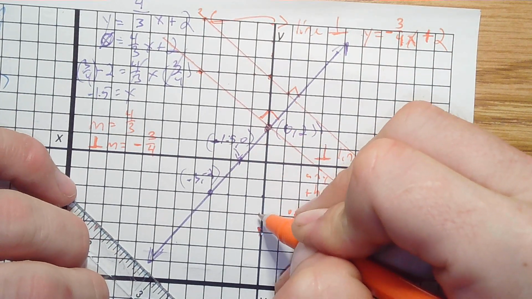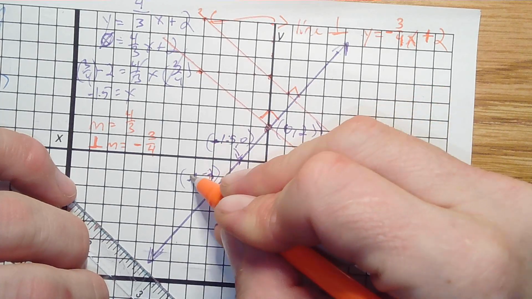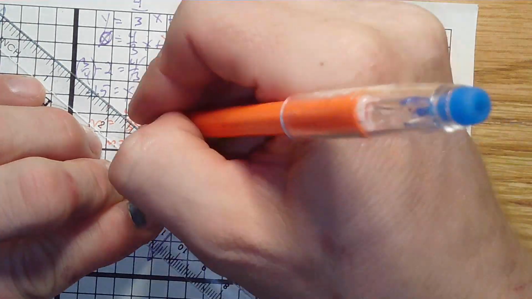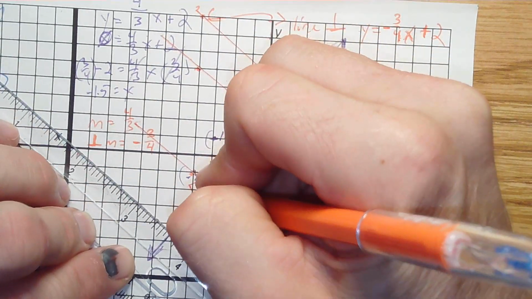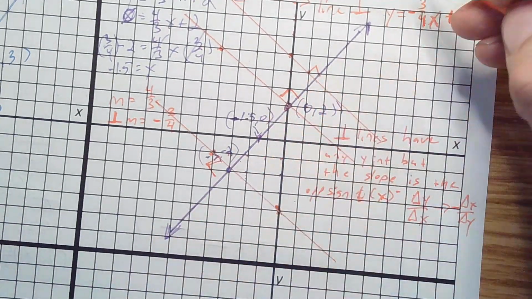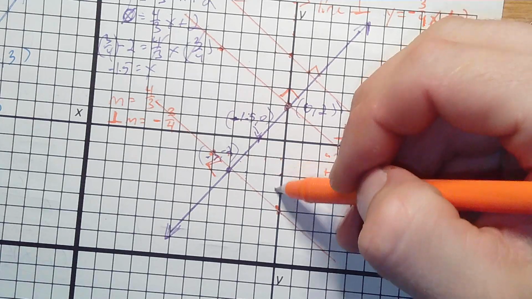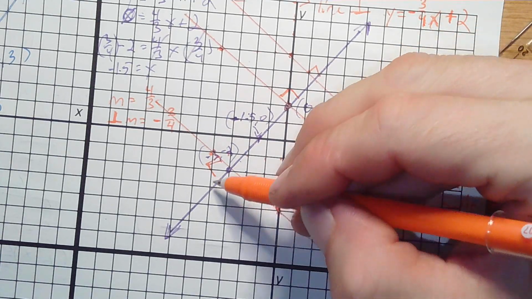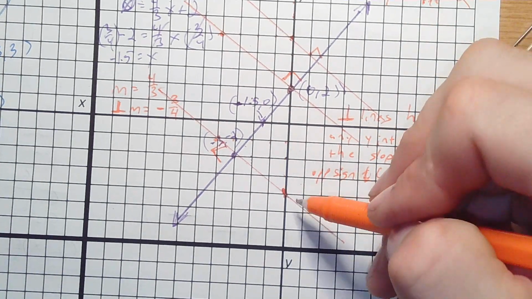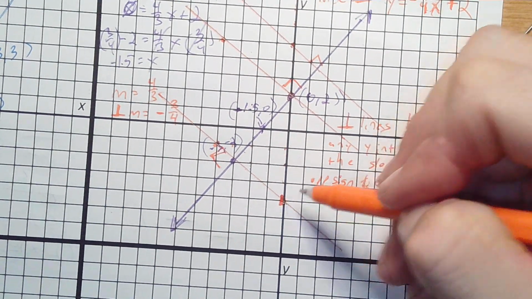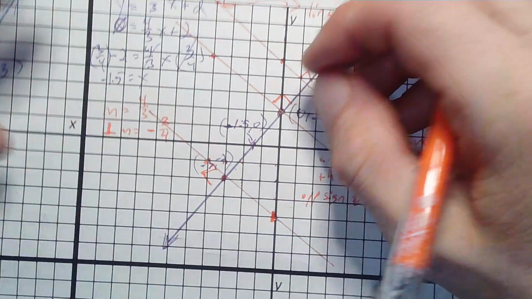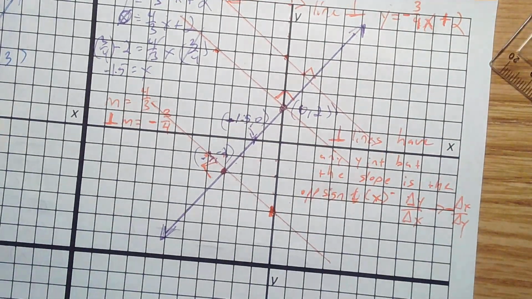It's still perpendicular to that line. It just intercepts the y-axis right here, and it intercepts this line right here, maybe. So no big deal.